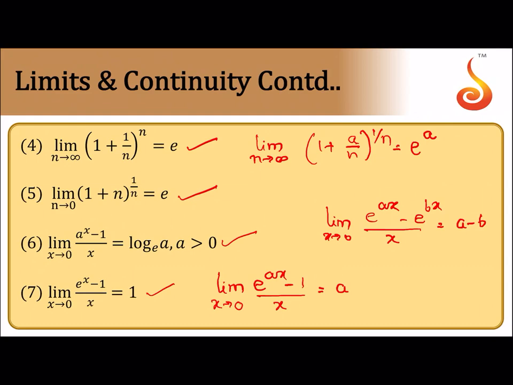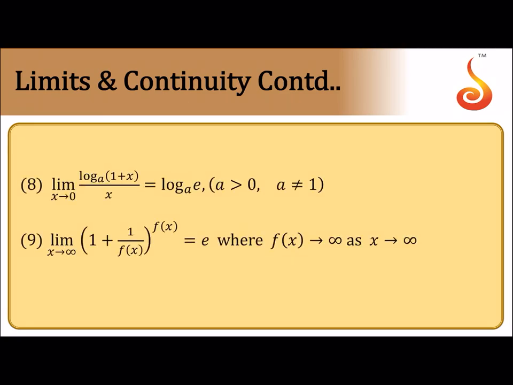Similarly, limit x tending to 0, e to the power ax minus e to the power bx by x will give you a minus b. Same process. Next one.